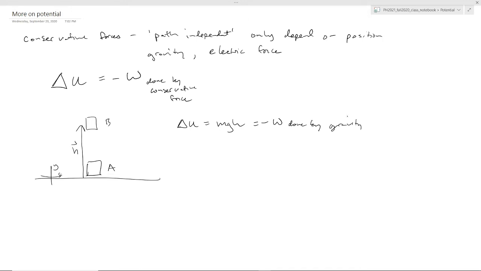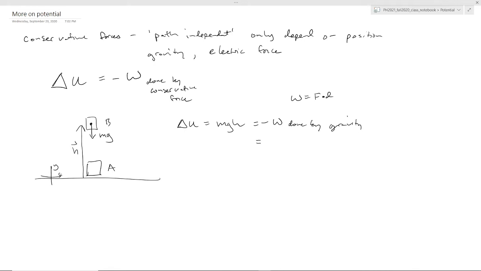And remember our definition of work is F dot d. Now for the work that's done by gravity, notice the force of gravity is pointing down, but the displacement is pointing up. They're along the same line, but they're anti-parallel.